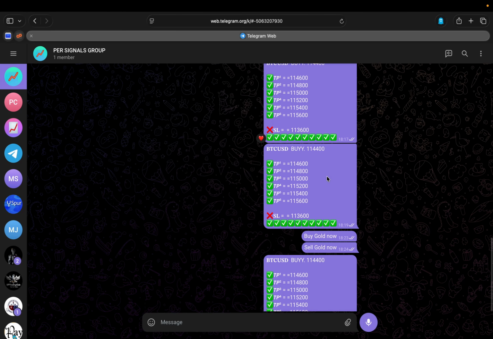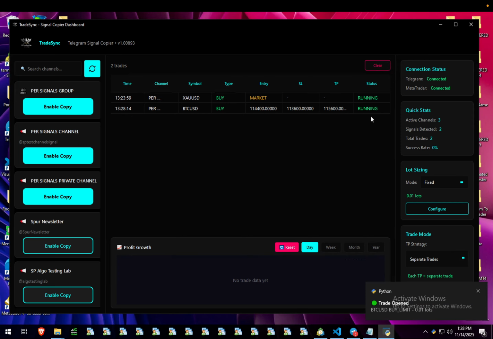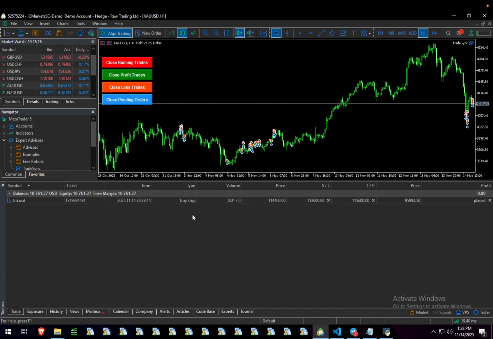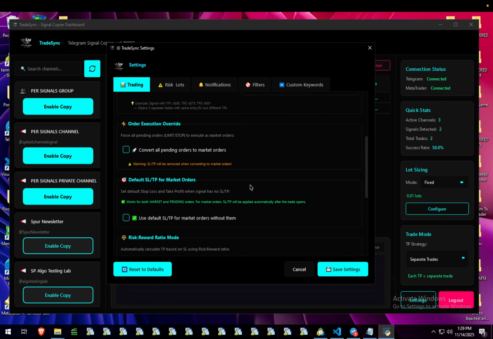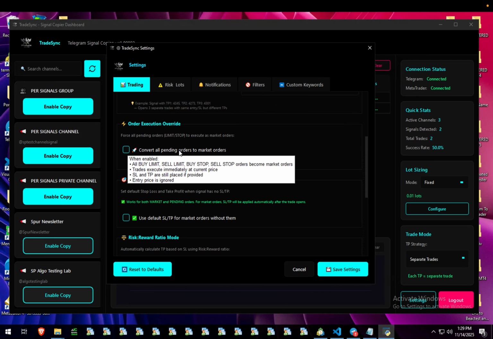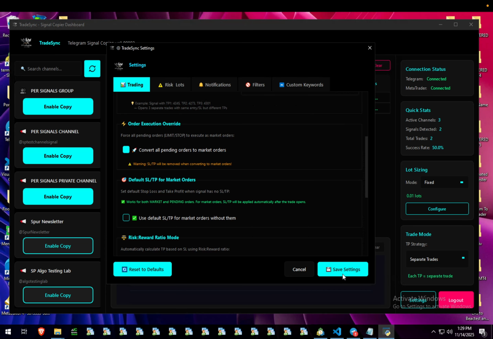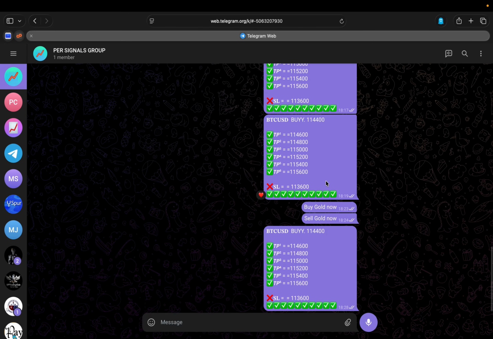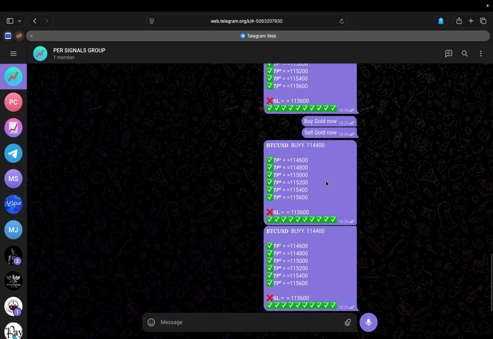It uses the first TP along with the given SL and entry price. When convert all pending orders to market orders is selected, any pending signal is taken as an open market order, overriding the pending order.